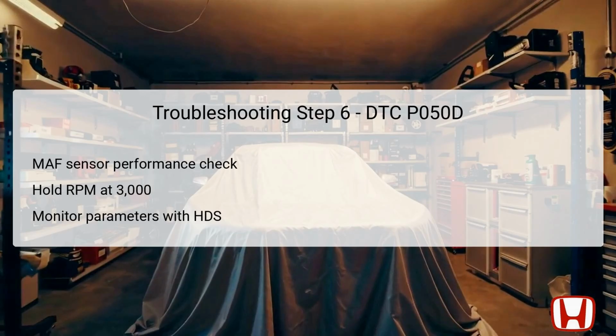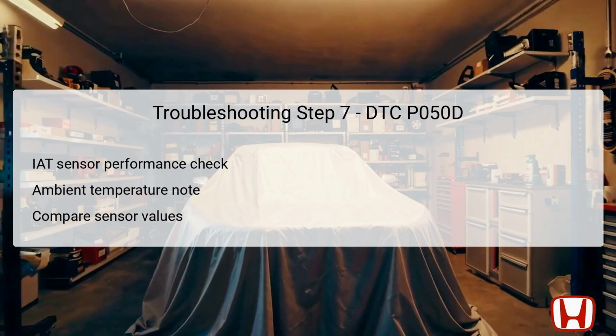While maintaining a steady RPM of around 2500 for 30 seconds, check key parameters using the HDS. This includes monitoring the MAF sensor's performance against the specified threshold of 4.1 to 5.7 grams per second. If the readings fall within this range, the MAF sensor is functioning correctly, allowing you to move to step 7.